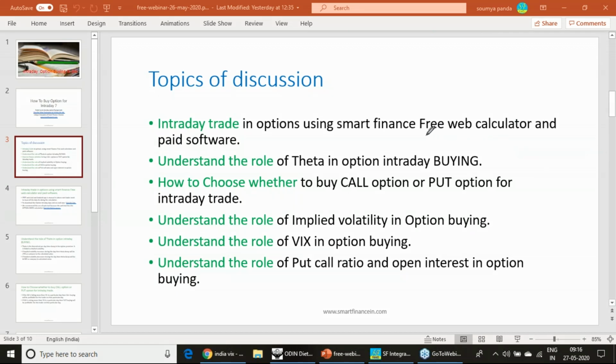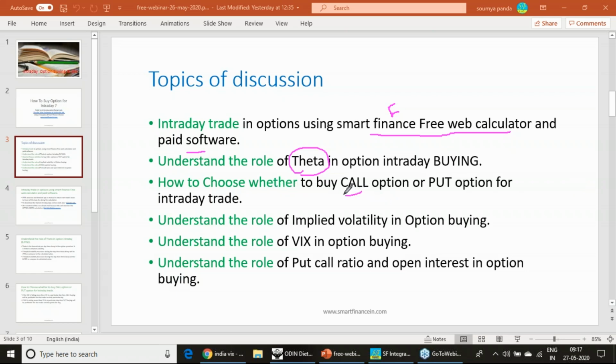First, we'll be seeing those analyses with the help of our free web calculator and our paid software. Then we'll understand the role of theta in option buying: whenever you buy an option, how theta is going to impact you.